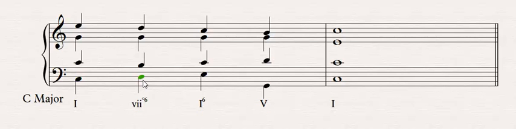So in C major, 7 diminished is B, D, F. The 6 tells us that we're in first inversion, so D. Now we know that we need 2 Ds in this chord because we don't want to double either the B or the F. So we have a B that's working fine, it leads to the tonic, it's doing what it should, and then we need an F. Okay, so the F wants to come down to the E. This is one of the places where we're kind of forced into doubling the third of the chord because of the way the bass and the tendency tones interacted, and that's okay.